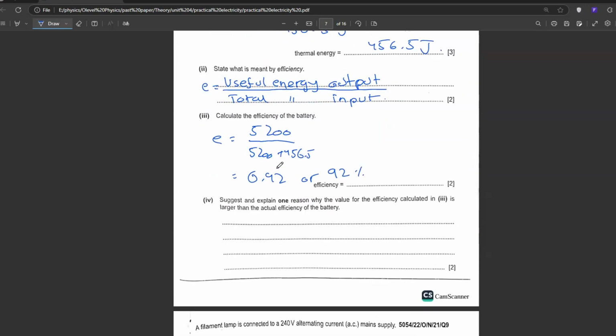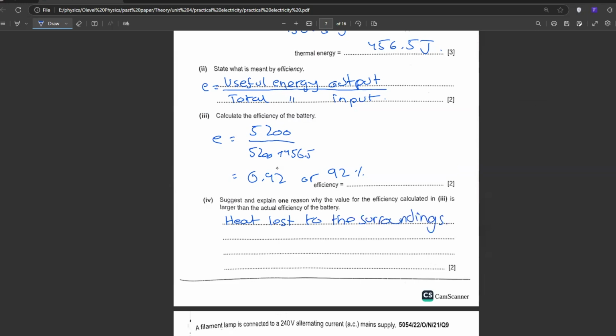Let's further move ahead. Suggest and explain one reason why the value for the efficiency calculated in part 3 is larger than the actual efficiency of the battery. So the examiner is asking why in actuality the efficiency will be less than the value you have calculated. Because heat is lost to the surrounding.